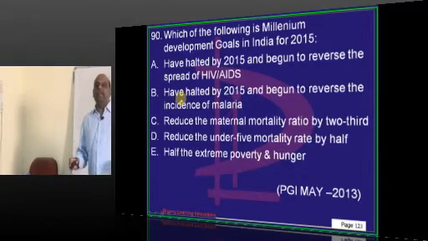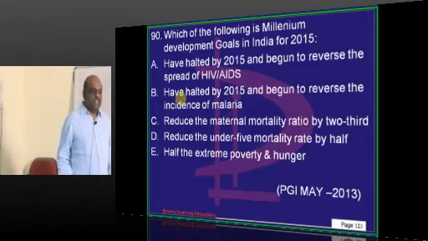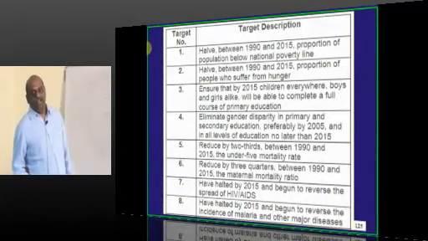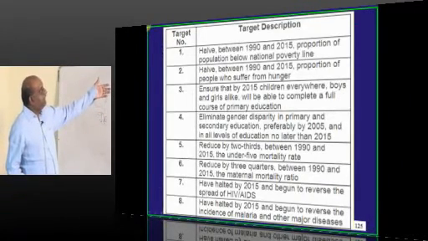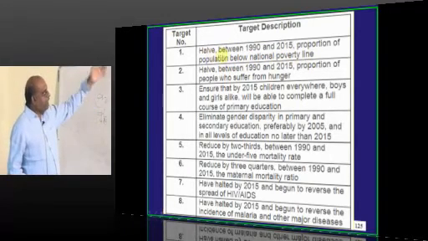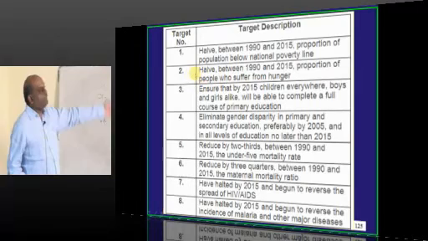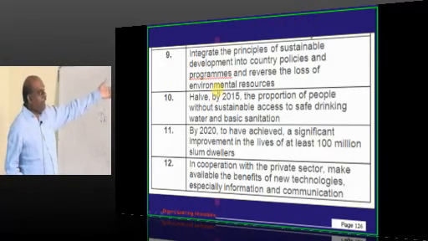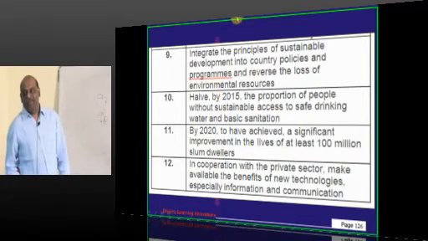Millennium development goals are enunciated until 2015. So till next year, there is still a chance of getting this MCQ. ये थोड़ा लंबा स्टोरी है. इसमें पूरा 12 are there. Proportion of population below national poverty line को half करो, and people who suffer from hunger उसको half करो, and those who are remaining like vagabonds without PG seat, also make them half karo.